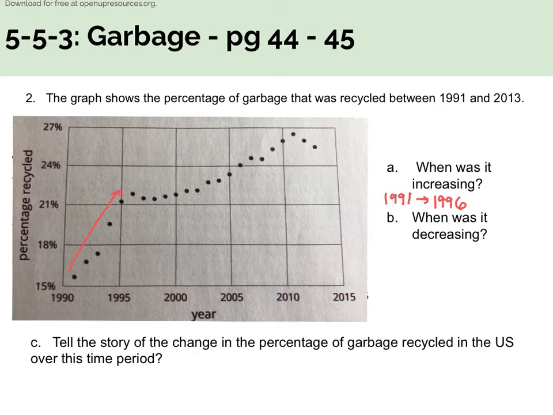Anywhere else it increases? Well, if we look at it, we have it starting about this area, right? And then we're going to go all the way up here. So let's say probably 1998 all the way up into 2011. So this is where it's increasing.